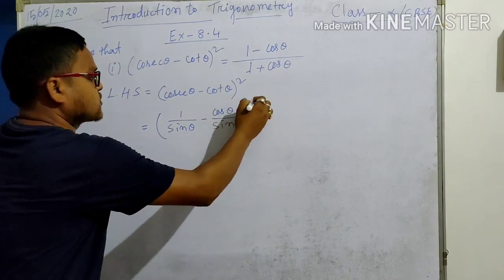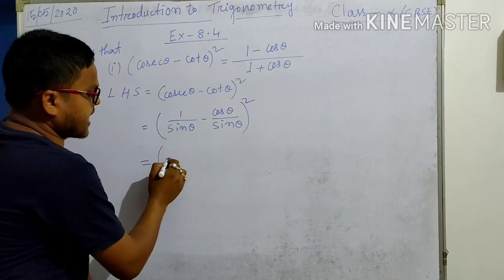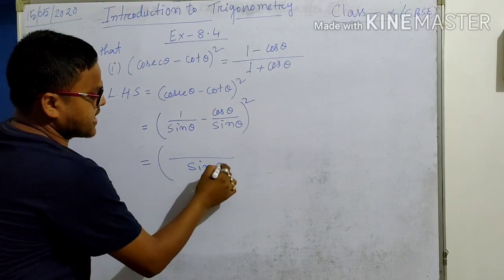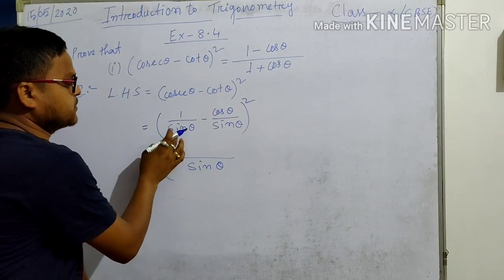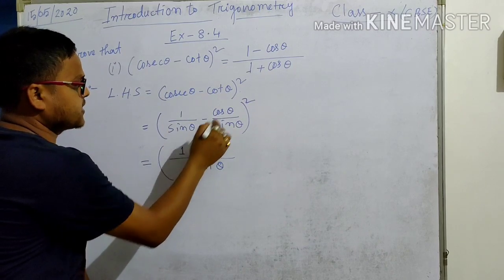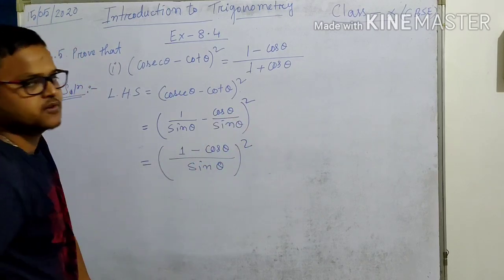So this is whole square. Now you have to take the LCM of sin theta and sin theta, you will get sin theta. Dividing sin theta by sin theta you get 1, and here you get cos theta. This is a simple application of LCM.